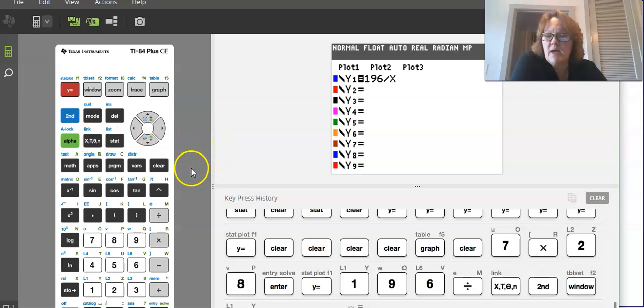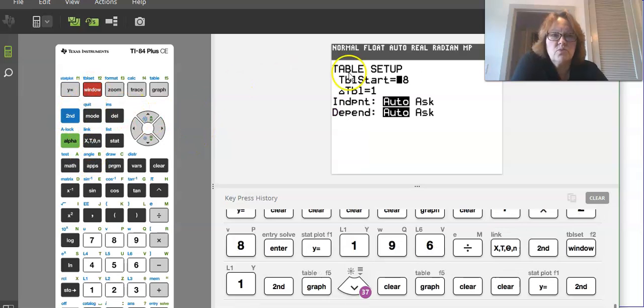So after that, I want you just to make sure on your calculator, hit second and then window. Want to make sure that this number right here, which it isn't, is 1, where it says table start, and then also the delta table is 1 also, and then these two are set on auto and not ask.